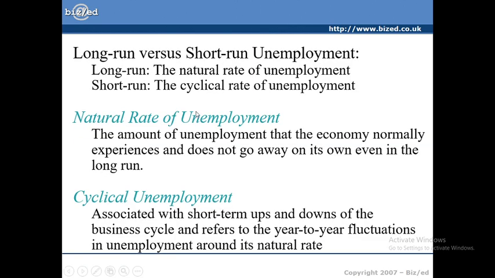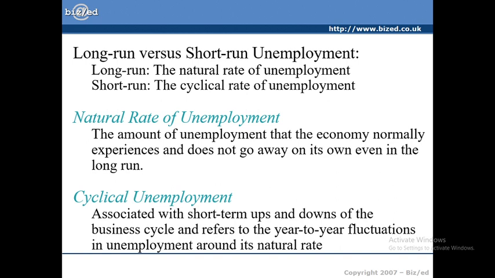Now let us discuss long run versus short run unemployment. Long run unemployment is known as the natural rate of unemployment, and short-term unemployment is known as the cyclical rate of unemployment. So what is the natural rate of unemployment? It is the amount of unemployment that the economy normally experiences and that does not go away on its own even in the long run.